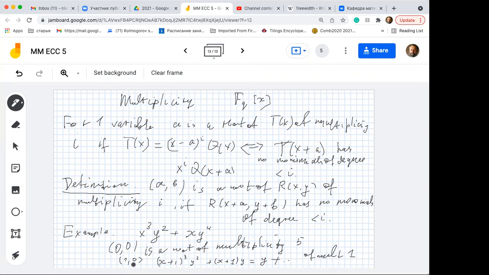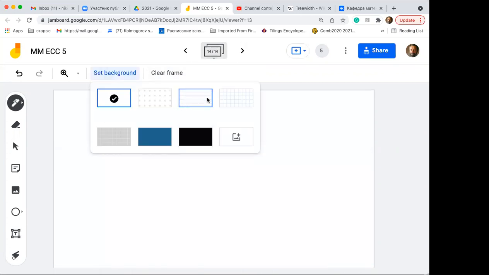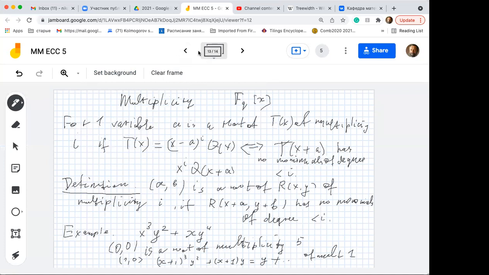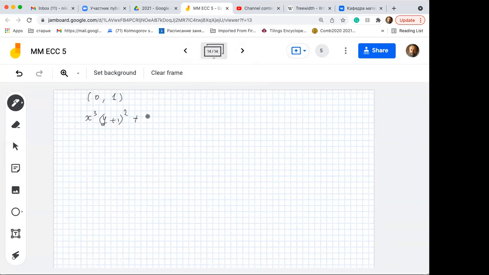On the other hand, I claimed 0, 1 has multiplicity 2. Let's see why. If instead we take 0, 1, then we will have the monomial x cubed times y plus 1 squared plus x times y plus 1 to the 4th.